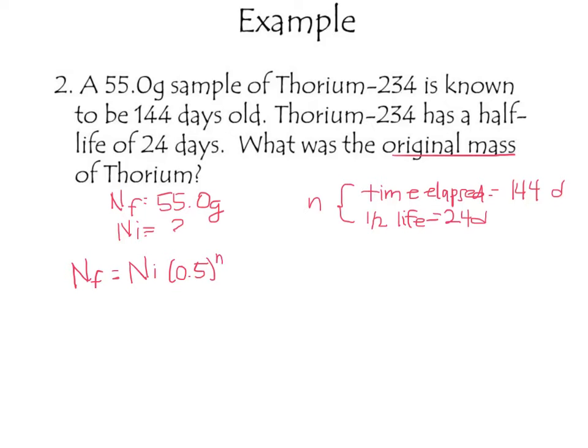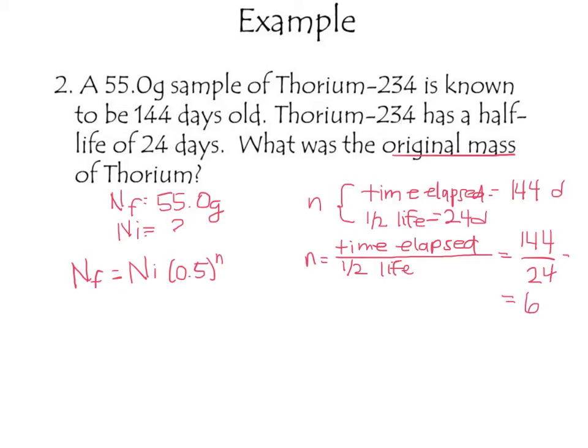Since we know n is equal to time elapsed divided by half-life, we can first solve for n before we solve for the initial mass. So it's 144 days divided by 24 days, and you get 6 half-lives.